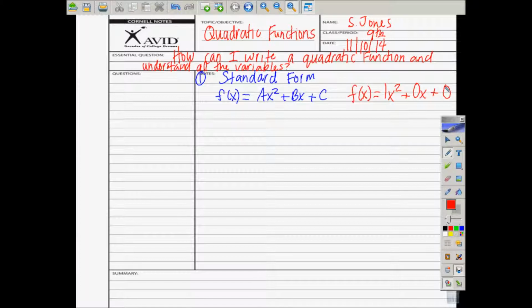From standard form, there are things that you can tell right off the bat. Well, there's one thing you can tell right off the bat. Using standard form, you can identify your y-intercept. Okay? In standard form, your y-intercept is represented by 0, comma, whatever your c variable is.